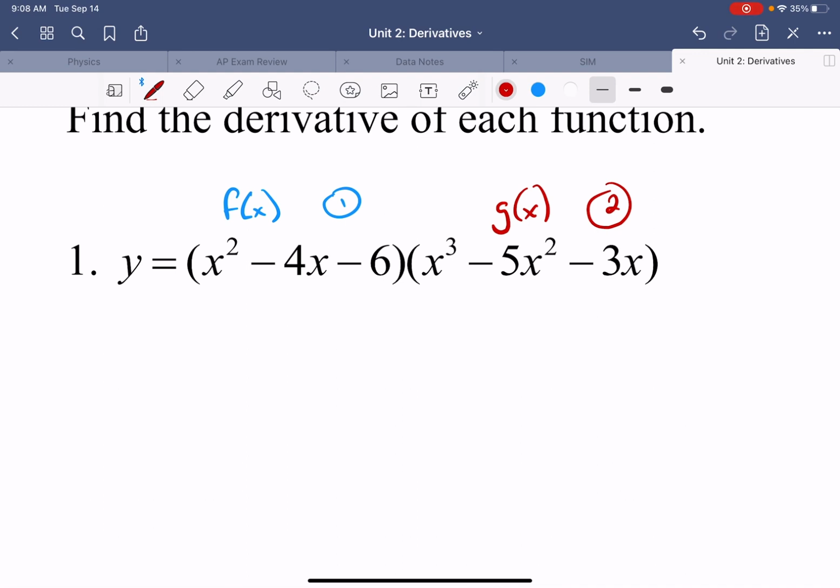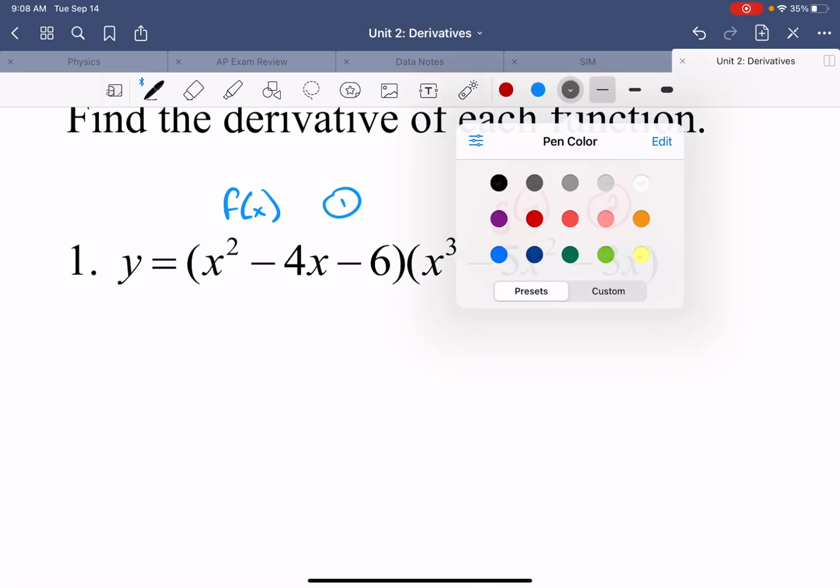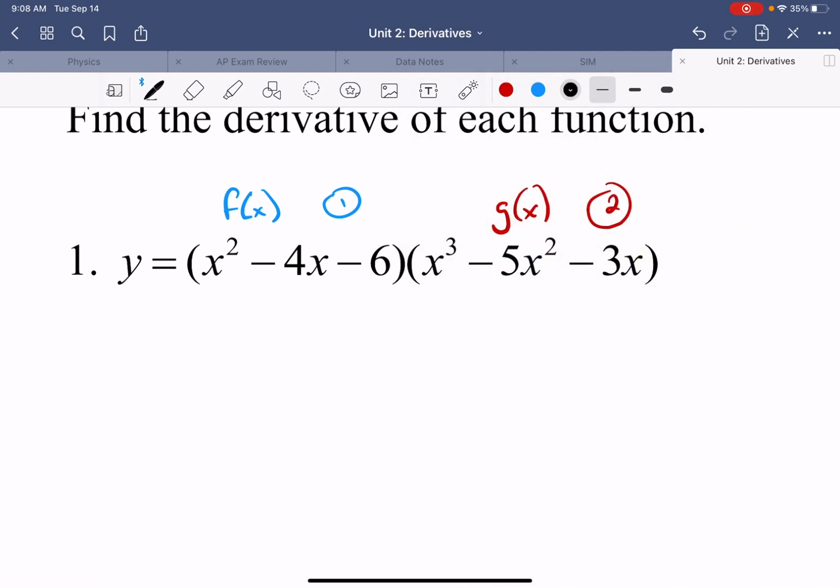So I'm multiplying two functions of x together, and I want to find the derivative of these guys. So the derivative of y would be y prime. And then I want to follow the product rule. So the product rule says I'm going to do the derivative of the first times the second plus the first times the derivative of the second.